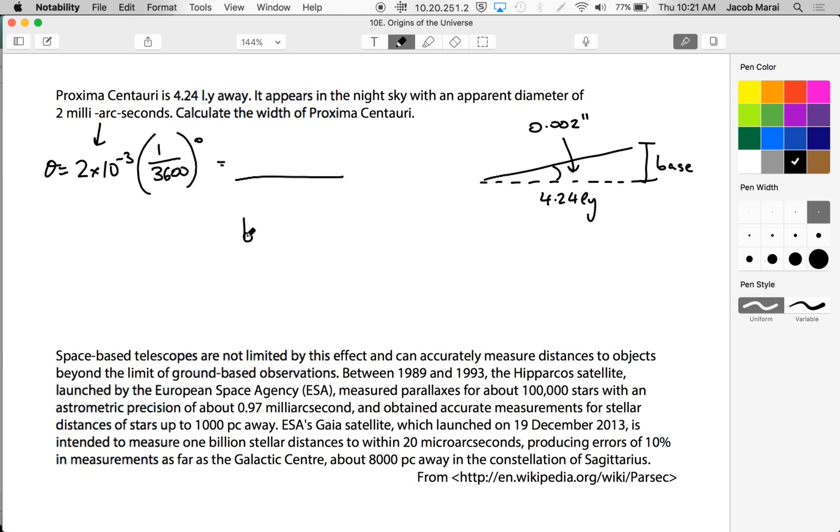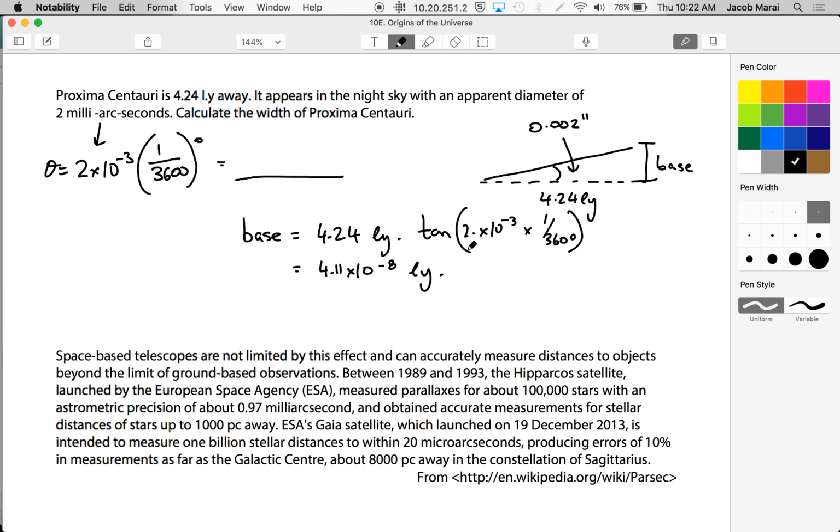We would say our base length is going to be 4.24 light years times tan of our value. Okay, remember that's just a really, really small angle in degrees. Make sure you calculate it in degrees. And we get 4.11 times 10 to the negative 8 light years.